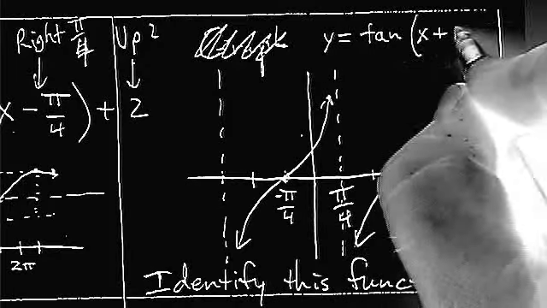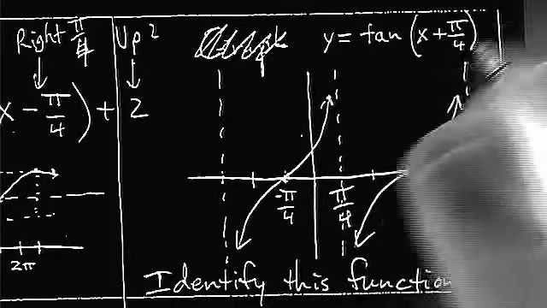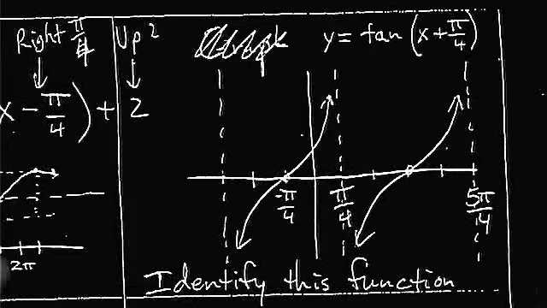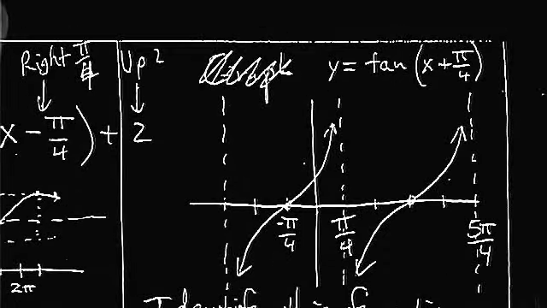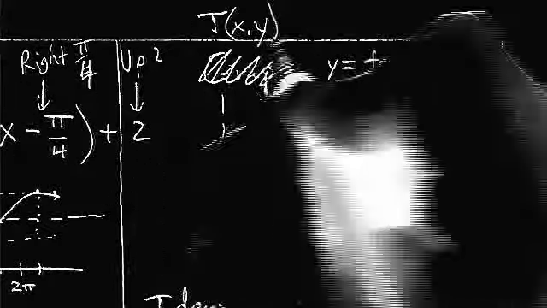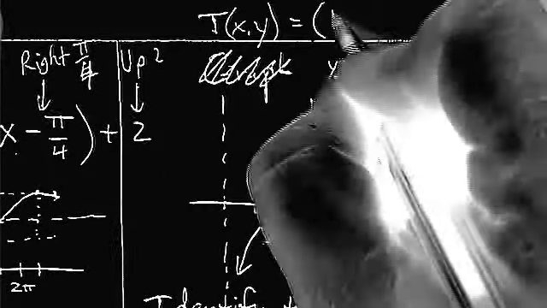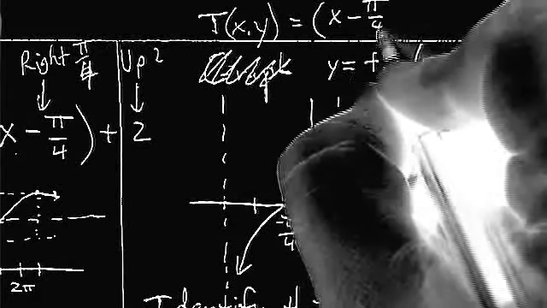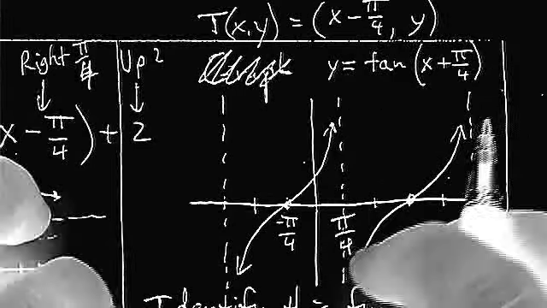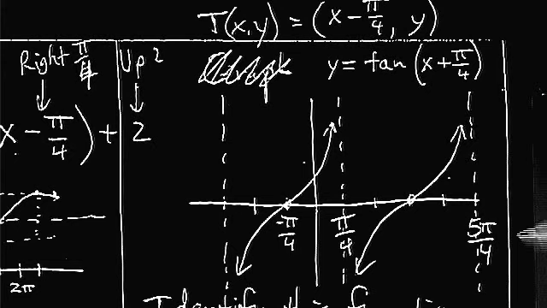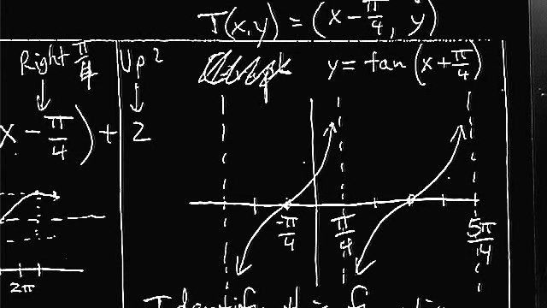Well, obviously that would be x plus pi over 4. Now we could also write a rule for that. We know how to write translation rules, so I could ask you for a translation rule. The rule never lies, right? So the rule would have said x minus pi over 4, comma y. And why is it just y? Because nothing happened to the y value.